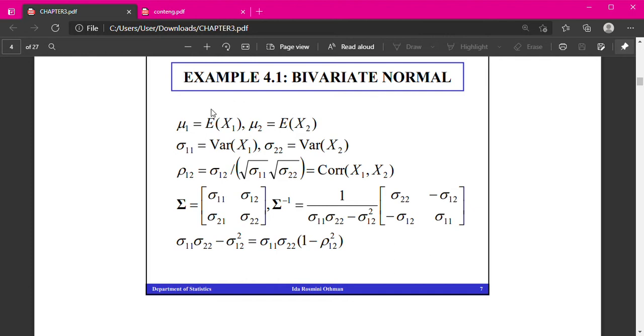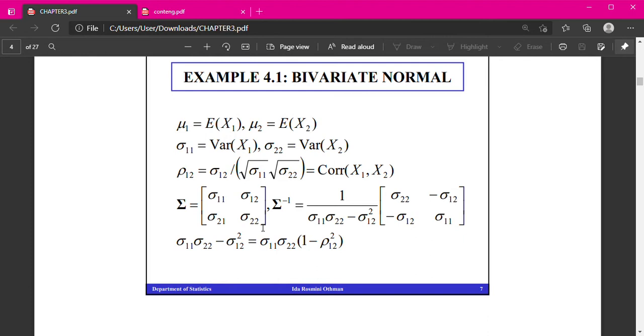So let's say kita ada x1 dengan x2. So we will have the mu for x1, ya, kita akan ada mu for x2, kita akan ada variance for x1, kita akan ada variance for x2, and then from there we also can have the variance-covariance matrix untuk x1 dan x2. So dia akan jadi 2 by 2 lah, sebab kita ada dua variable. So akan ada 2 by 2.